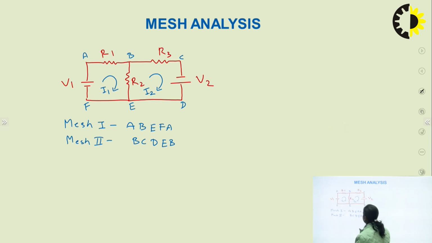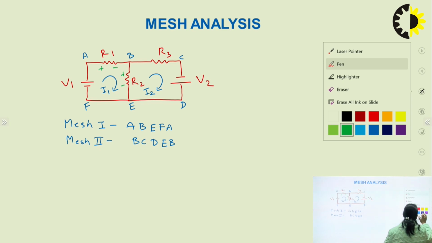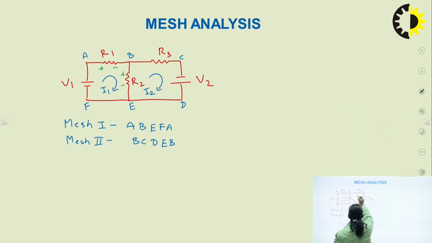According to my current direction, current will flow from higher potential to lower potential. So this will be plus, minus, this will be plus, minus. And now for the next loop, this will be plus, minus, and this will be plus, minus, right?